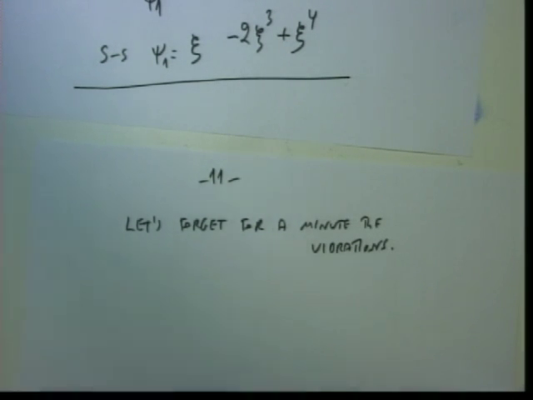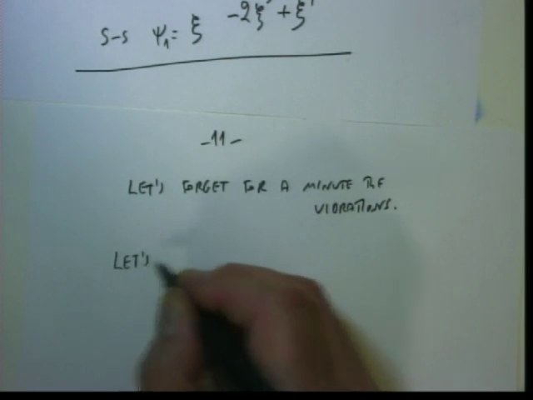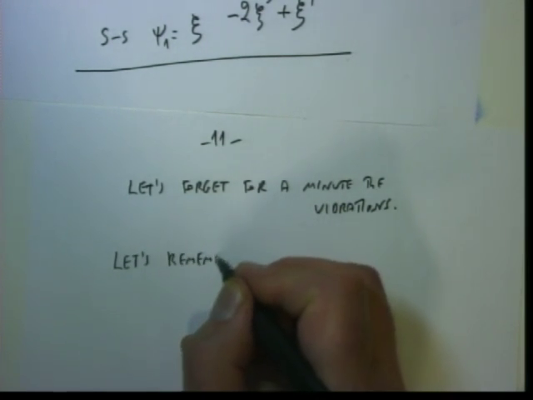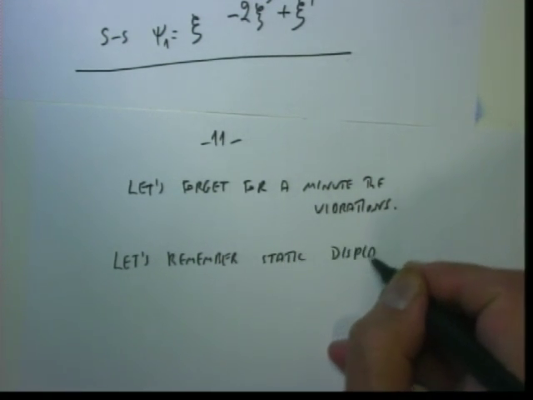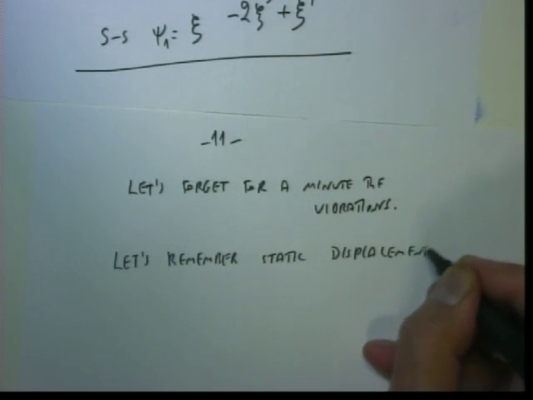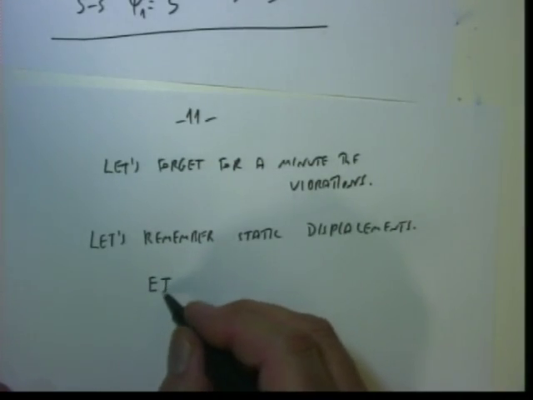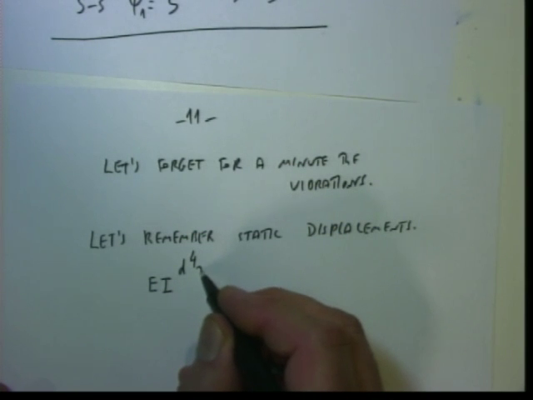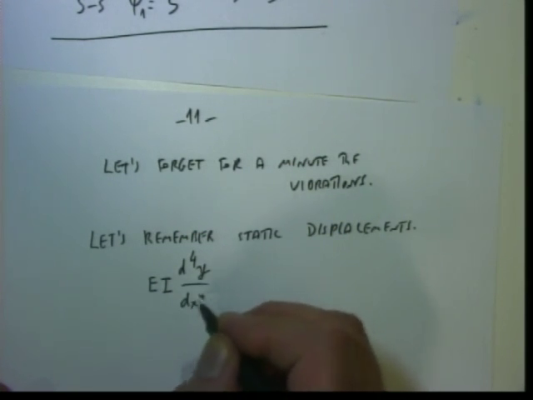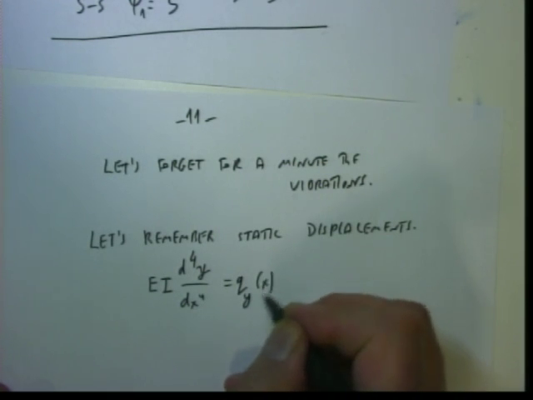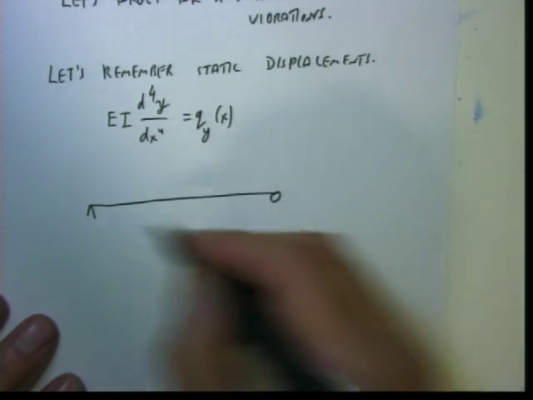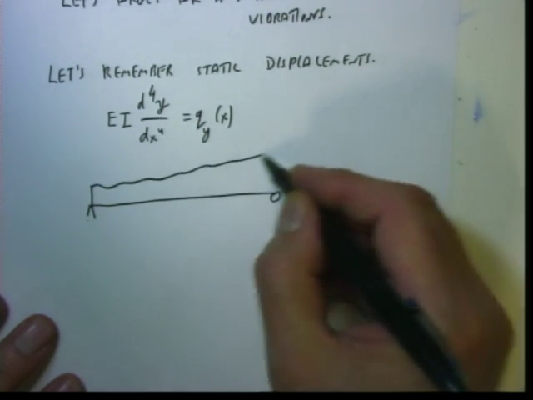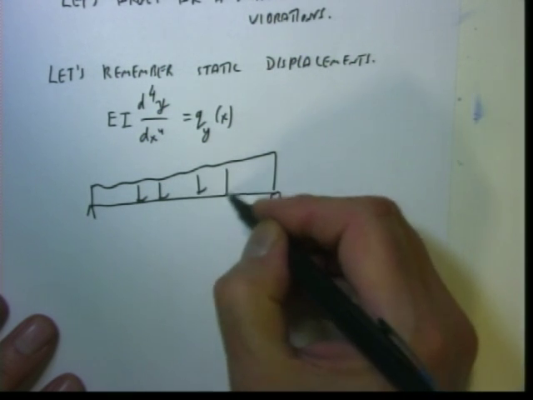Let us remember statics, static displacements. So the equation is EI d4y/dx4 equals qy of x. So that is this beam, and that is this distributed load, qy of x.